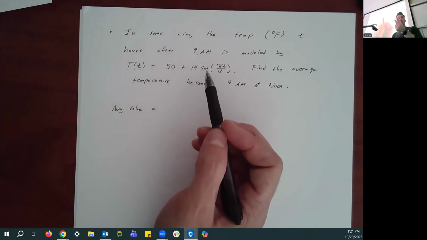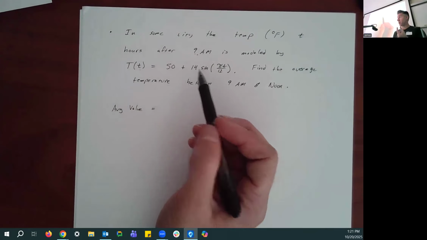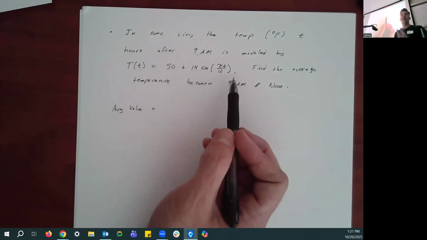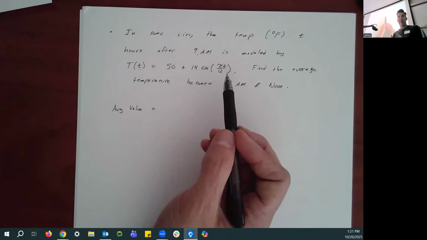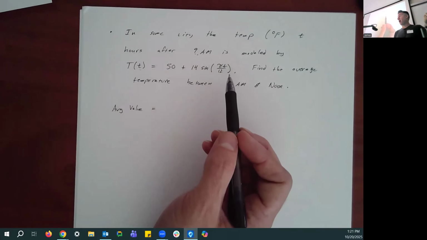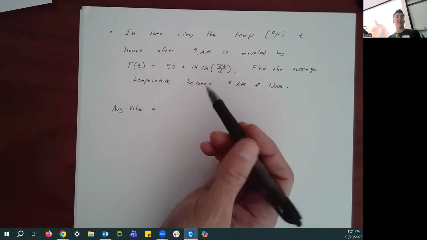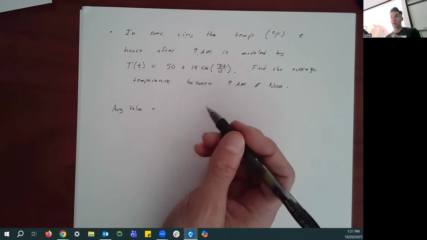So when T equals 0, that's actually the temperature at 9 a.m. So T of 0 is going to be 50 plus something, and that's going to be the 9 a.m. temperature. And then at noon, we've had how many hours elapse? 3. So we're not going to be integrating from 9 to 12. We're going to be integrating from 0 to 3 because of the words that were written.